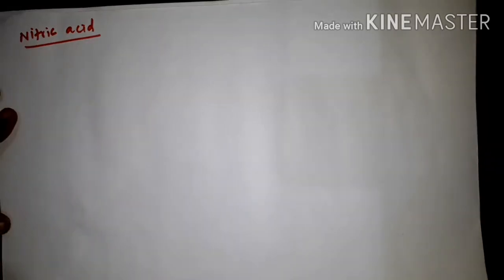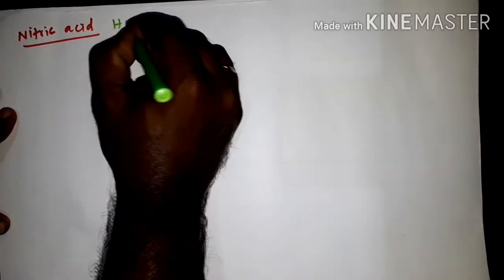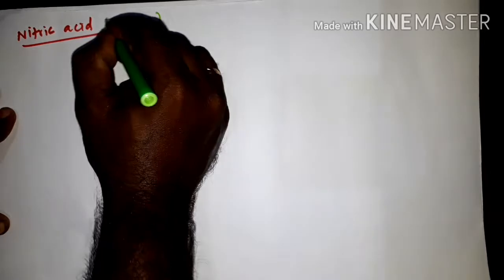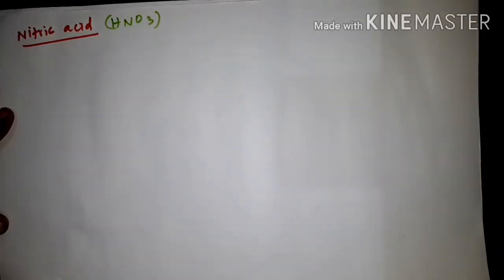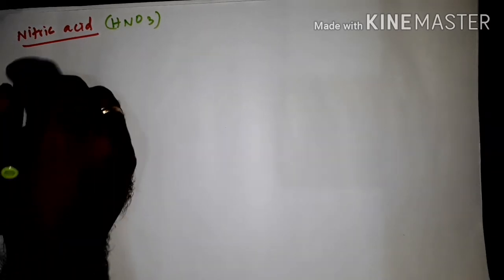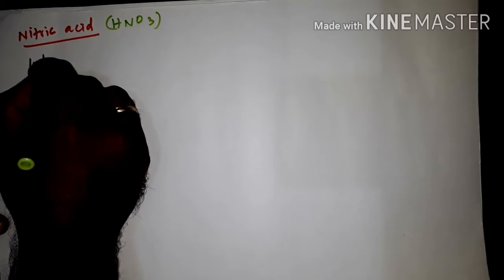The formula of nitric acid is HNO3. Okay. So nitric acid can be prepared by two methods. First method is laboratory method.